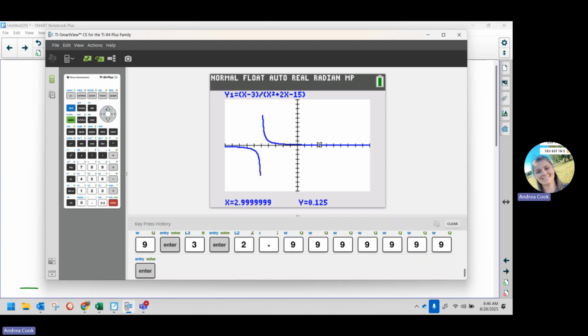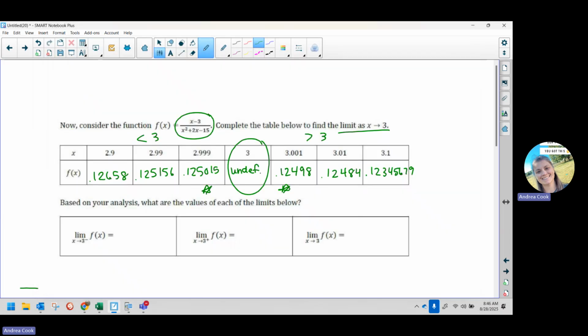And then it's going to tell me. The more decimal places you put, the more accurate the y value is going to be. So I couldn't really tell using this whether it was going to go to 1 or 0.125.